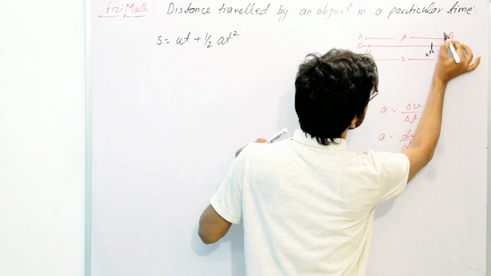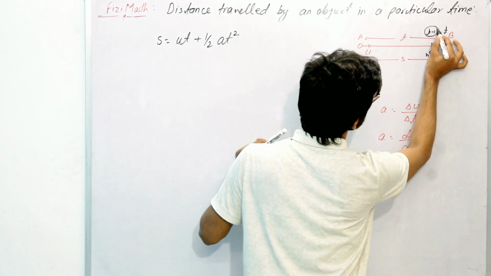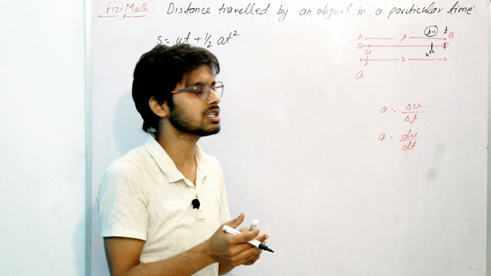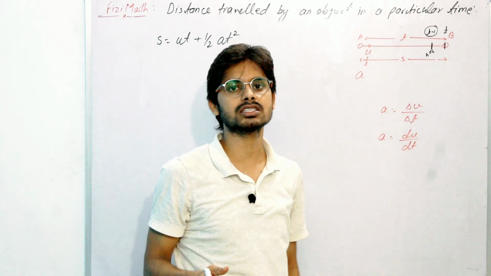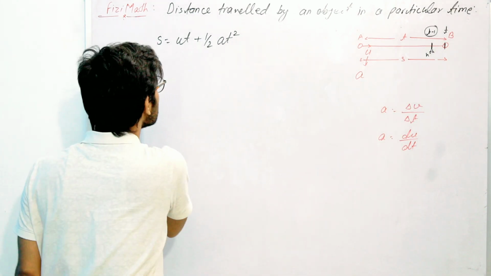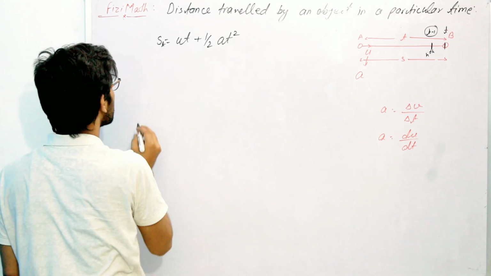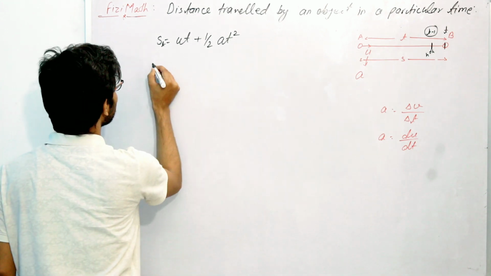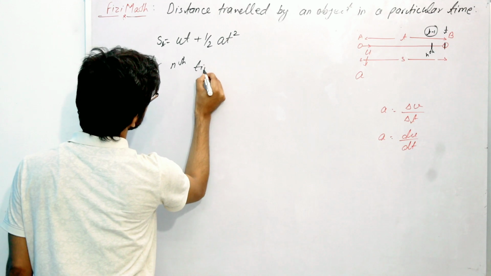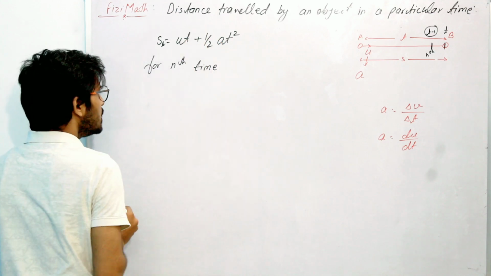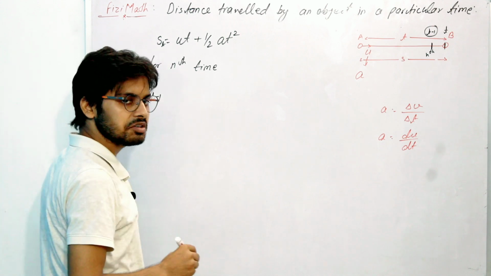तो बेटा अगर ये हमने माना t है, ये 0 से t, तो ये वाला क्या मान लेंगे t से जस्ट पहले, before t means t minus 1. So for the nth time, the time will be t minus 1. Therefore the equation of motion for time t will be s_t equals ut plus half at square, whereas for nth time the time is actually t minus 1.